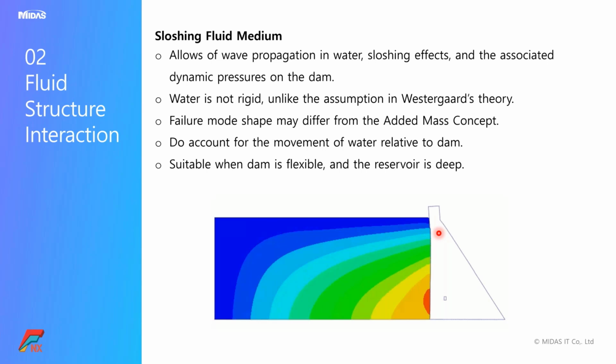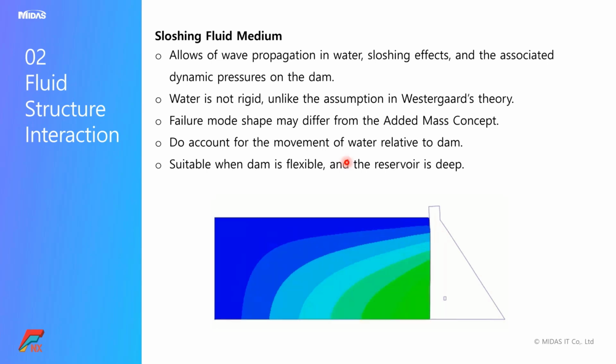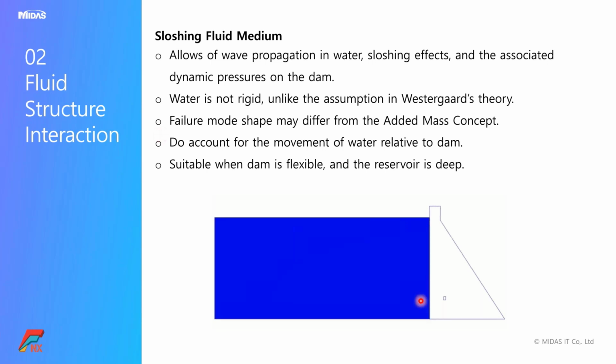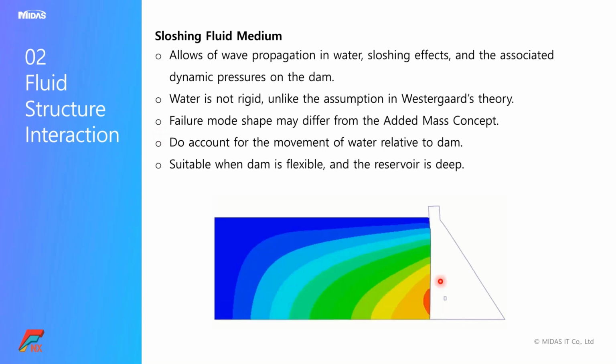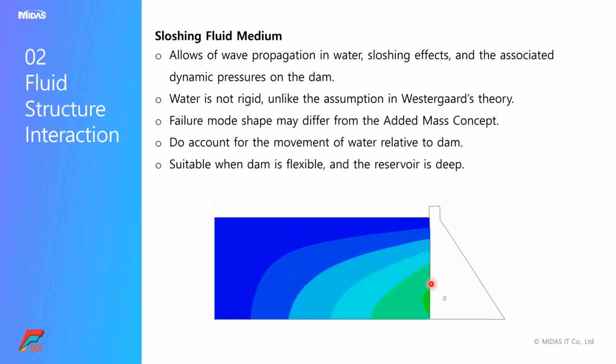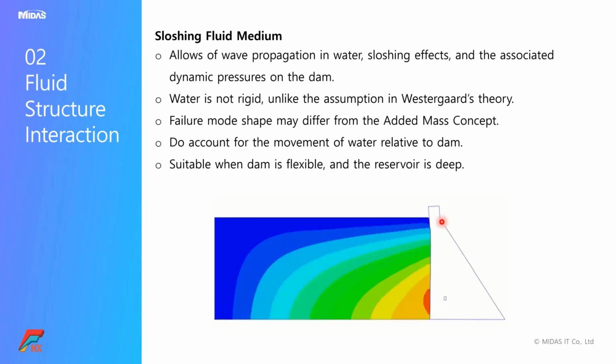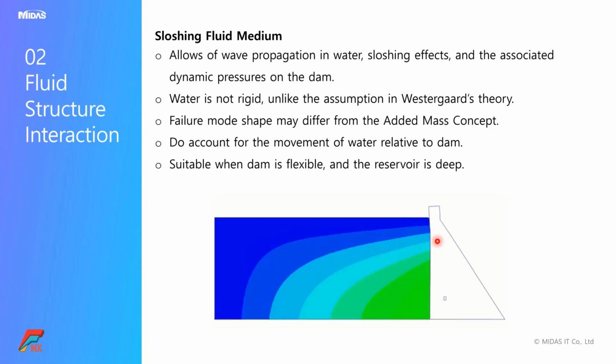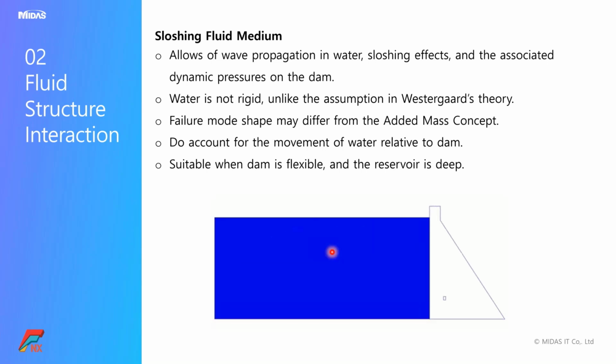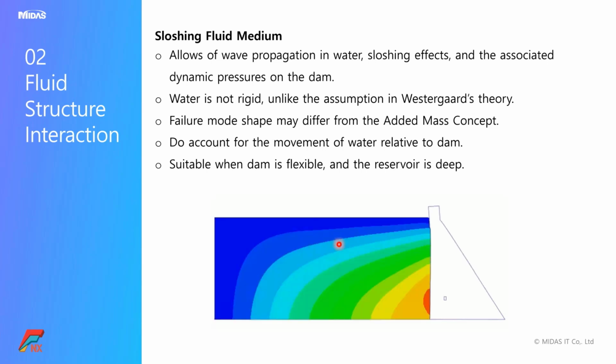So in the added mass concept, which is basically the Westergaard's equation or Chopra's equation, we are applying the load as a mass, and it is rigid in nature. Hence the natural frequencies of the dam may differ when compared to the natural frequencies that you obtain when you deal with the sloshing fluid.